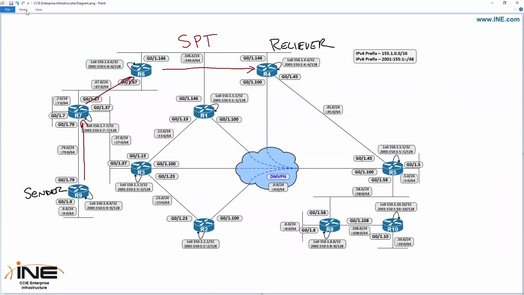Okay, so the shared tree is going to go this way. But the shortest path tree is going to follow that red line. Okay, then we would go to router 2.